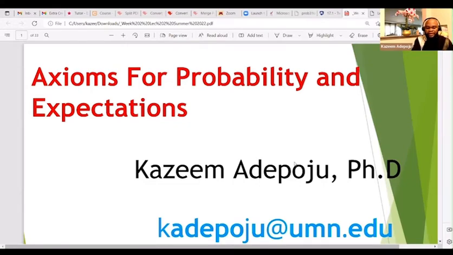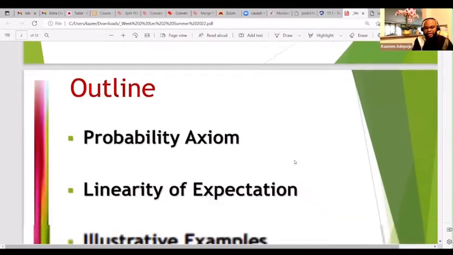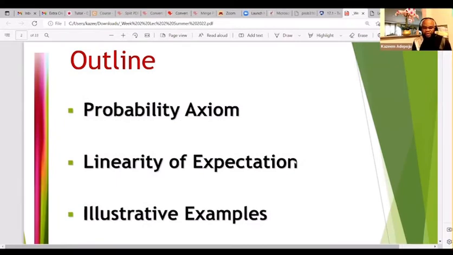Now, in the outline, I'm going to walk everyone through probability axioms, and we're also going to talk about linearity of expectation. Yesterday, we talked about linearity of random variables, where random variables are added together.